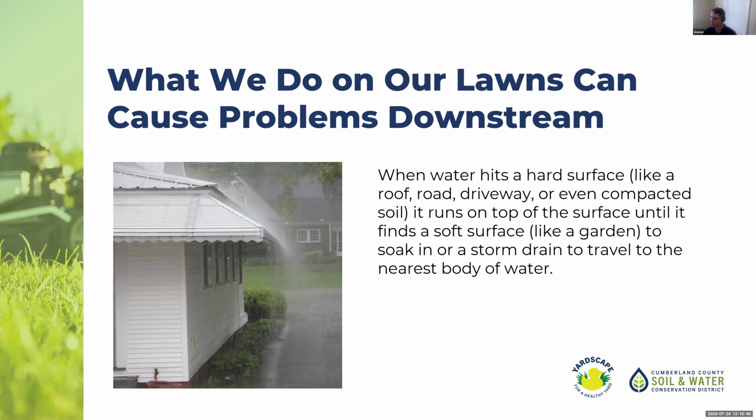When water from a rainstorm or a snowstorm comes into contact with an impervious surface like pavement, a roadway, a driveway, a roof or compacted soil, it will eventually run off until it enters a storm drain and then travels through stormwater infrastructure into the nearest surface water, or it's going to find its way onto another permeable surface, and that might be a garden, a vegetated buffer, a forested area, or it could be your lawn.